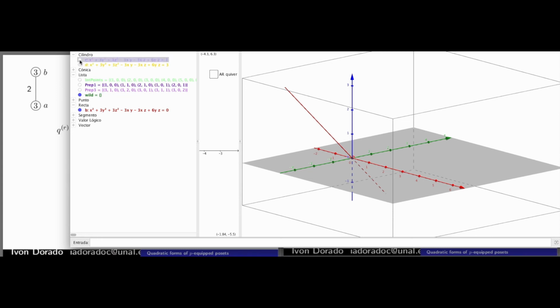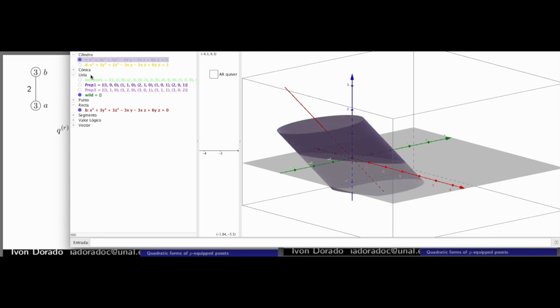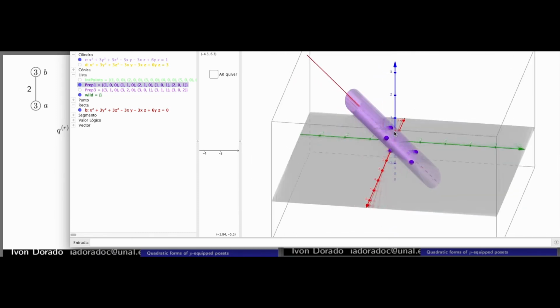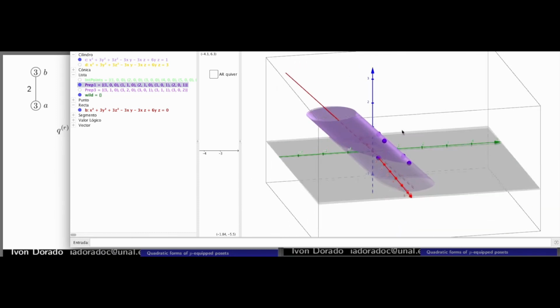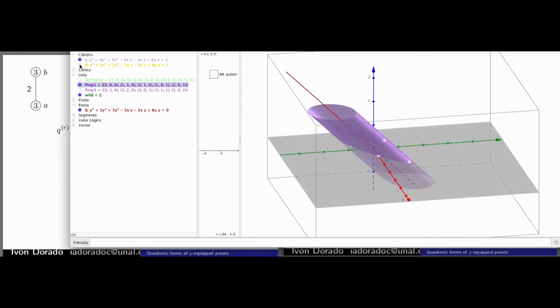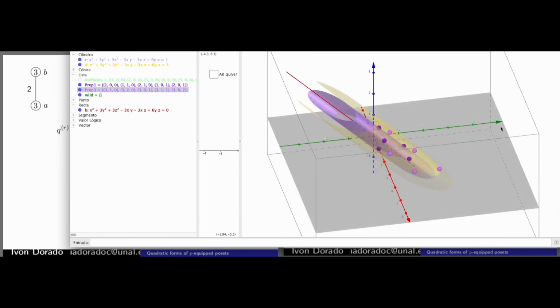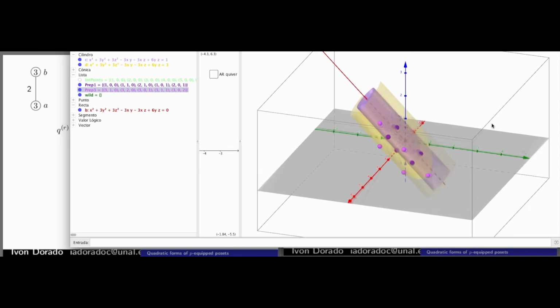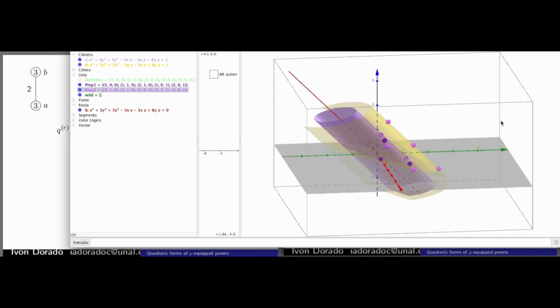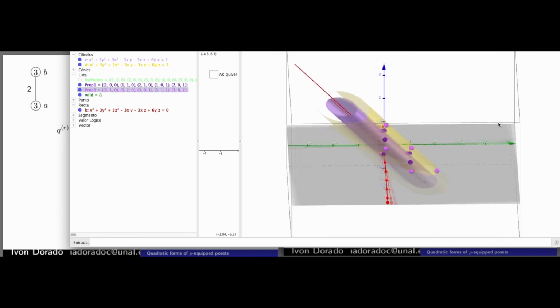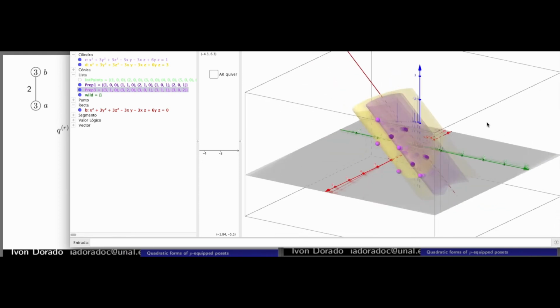Let me show you the graphic of the quadratic form equal to 1. The points with natural entries on this tube are these points, and if we draw the quadratic form equal to 3, this is the tube in yellow, and the points with natural coordinates are these ones in pink.